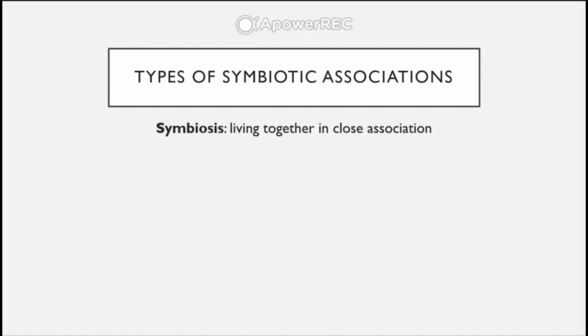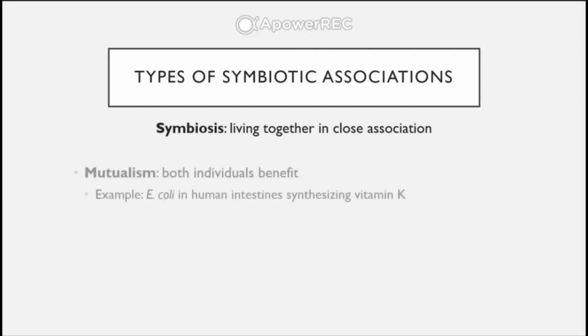Before we go further, let's talk about symbiotic associations. Symbiosis just means that it's a process where two organisms live in extremely close association with each other. We have three types to discuss. One is mutualism. Mutualism is what it sounds like.